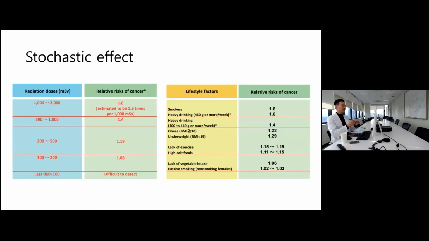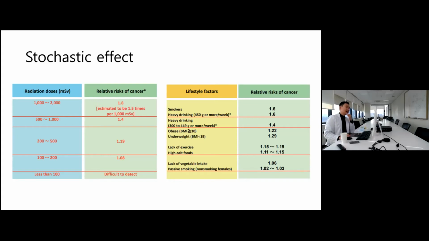And for the stochastic effect, it is estimated that there is a relative risk of cancer increase by 1.8 times due to radiation exposure of 1,000 to 2,000 millisievert. However, for 100 millisievert, there is a relative risk of 1.08, and below 100 millisievert, it is considered extremely difficult to detect the risk of developing cancer.